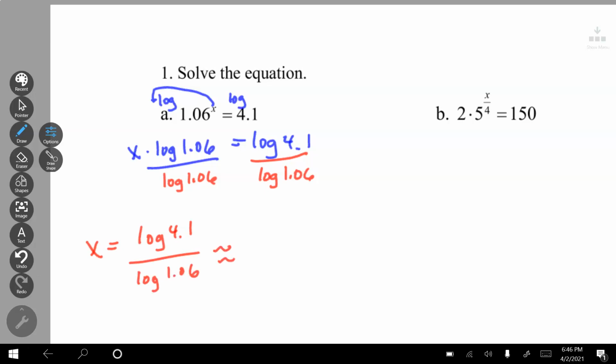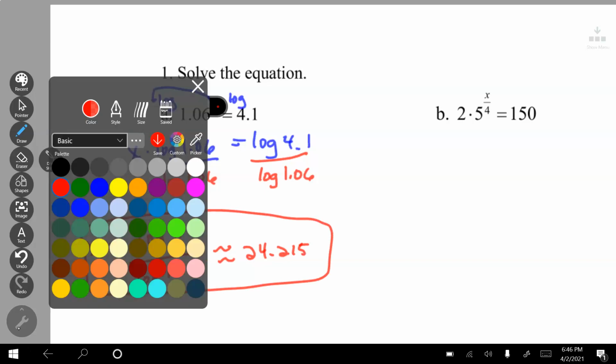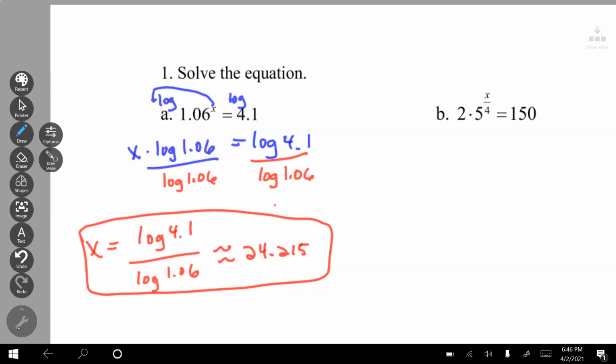And you could trust me, I put this in the calculator, and I got 24.215. Or you could have just done log base 1.06 of 4.1, and you would have got that same result.